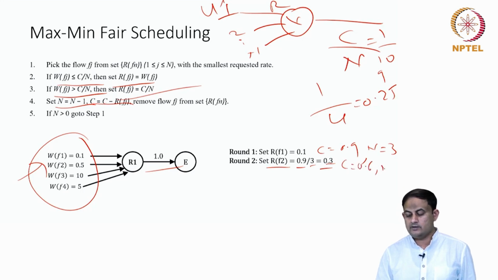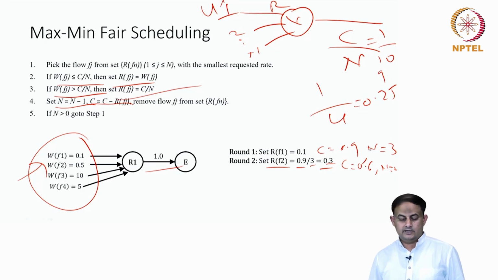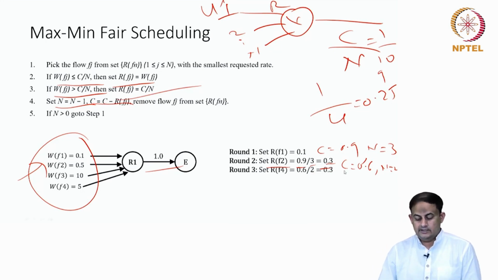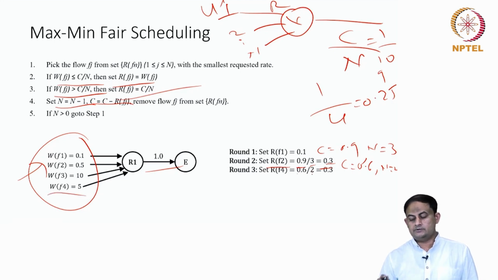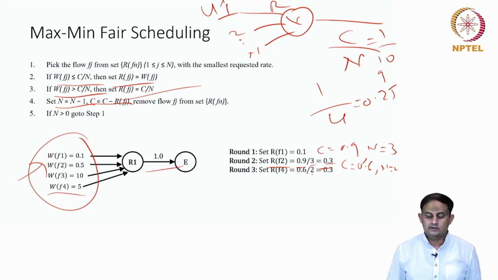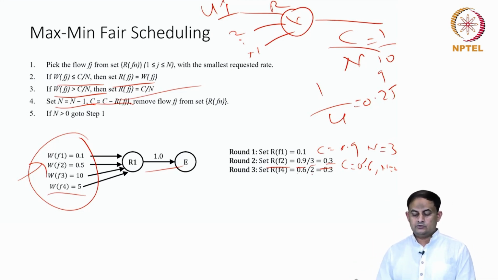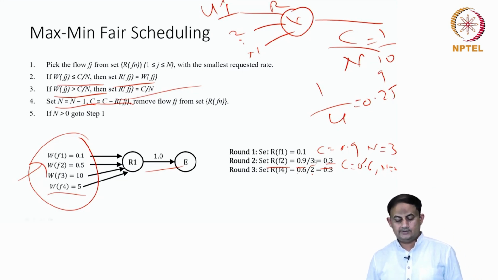Now 0.6 is left and the number of users yet to be served is 2. In round 3, the user with the next lowest demand is user number 4. The available capacity is 0.6 and 2 users are to be served, so C by n is 0.3, and he is asking for 5 Mbps; you give him 0.3 Mbps.